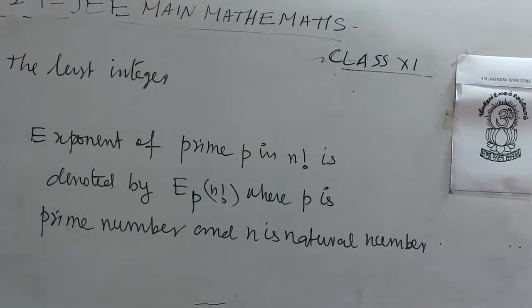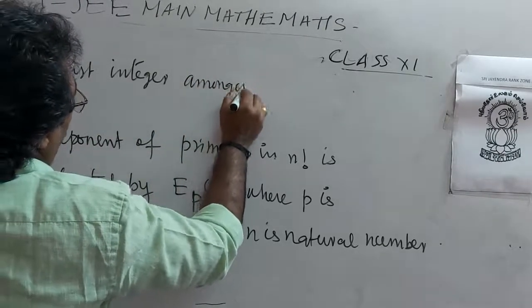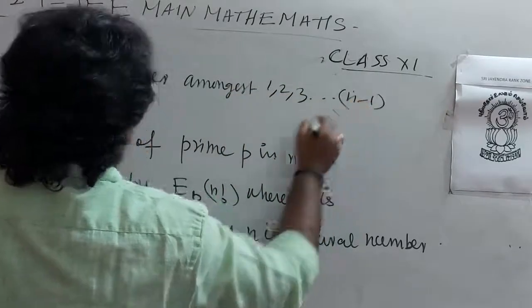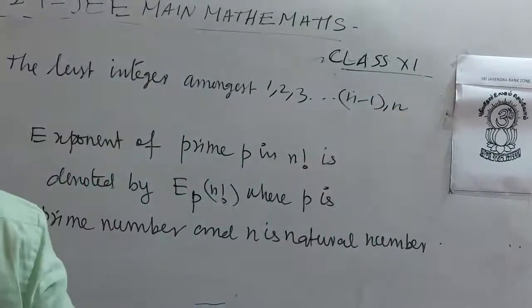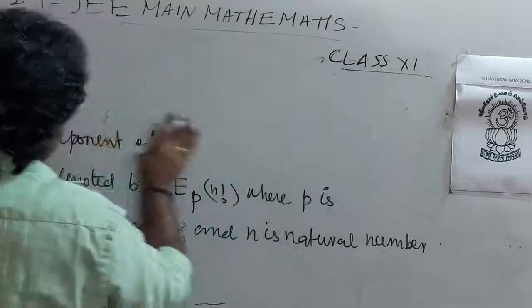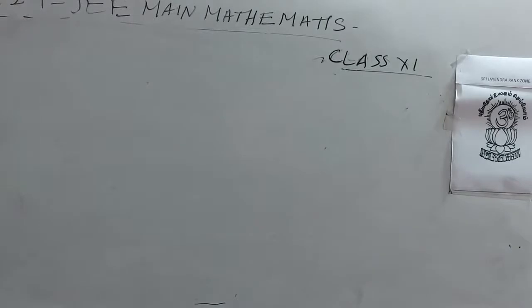So E p of n factorial means the exponent of p in n factorial.